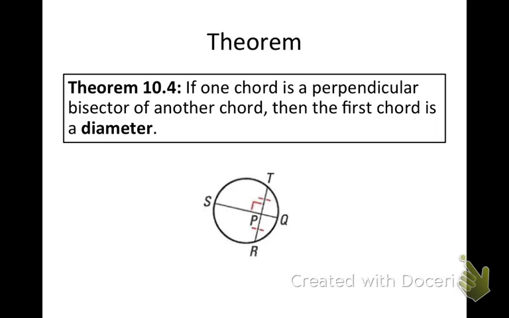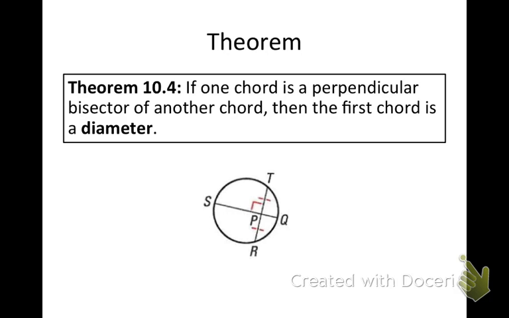All right, Theorem 10.4 tells us if one chord is a perpendicular bisector of another chord, then the first chord would be a diameter, which is kind of cool. Perpendicular means intersecting at a 90-degree angle. Bisector means it splits it in half. So here you have chord TR. Here you have chord SQ. If SQ is a perpendicular bisector of this chord, then SQ would have to be the diameter.